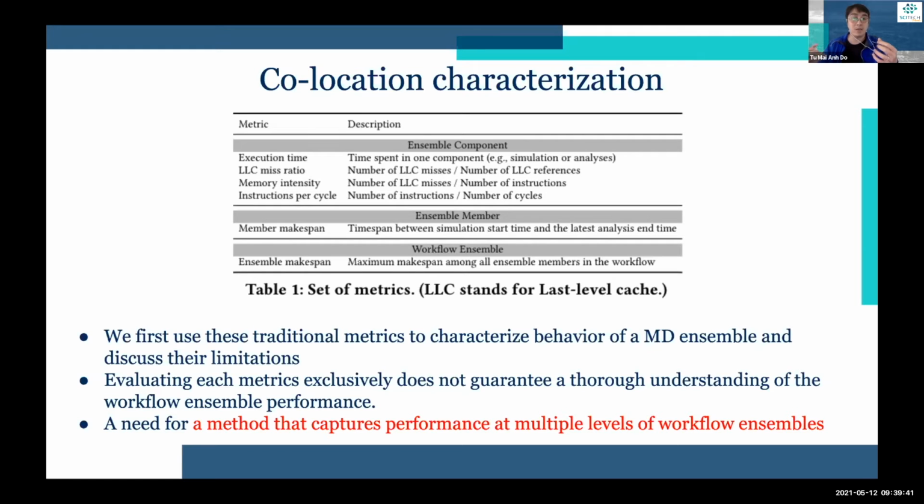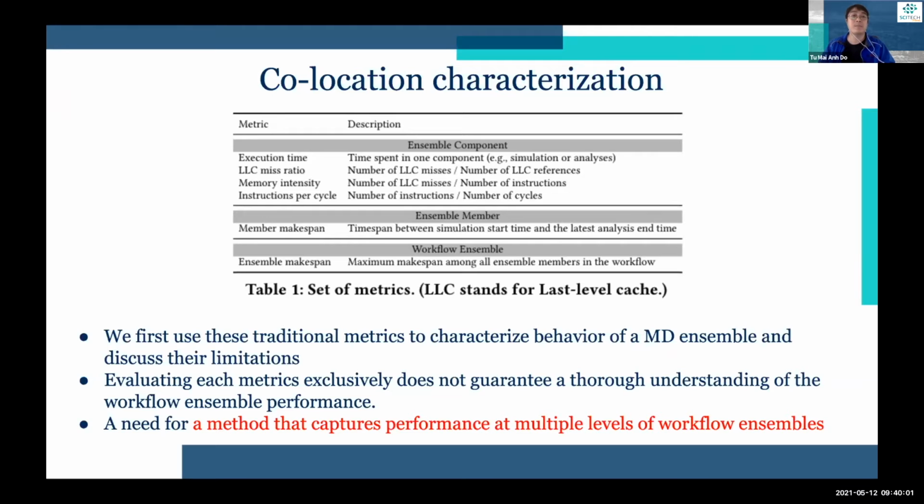So one ensemble component's slowdown can lead to another component's slowdown as well. For example, if one ensemble member runs pretty slowly compared to the others, it can become the straggler of the workflow ensemble.